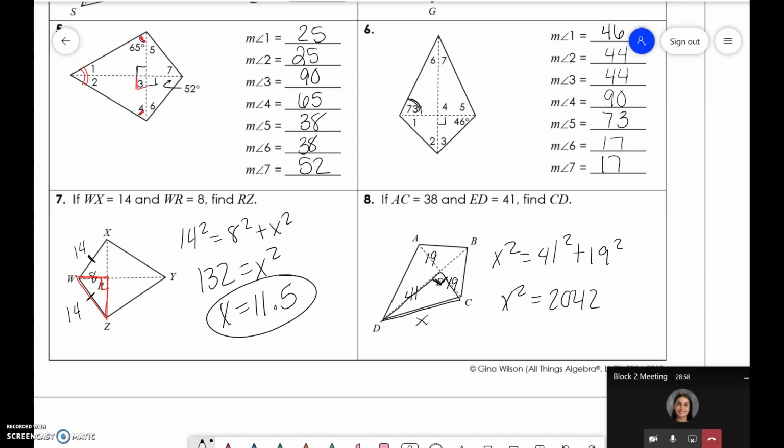So x squared is equal to 2042. x is equal to 45.2. Questions?